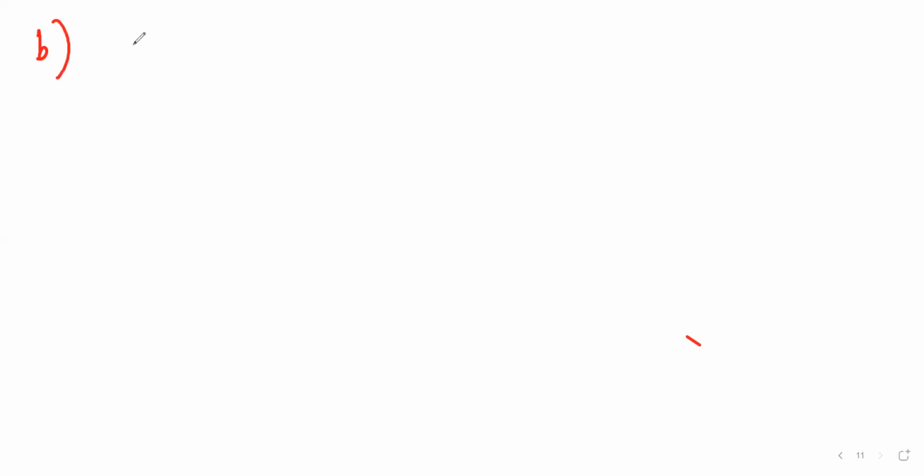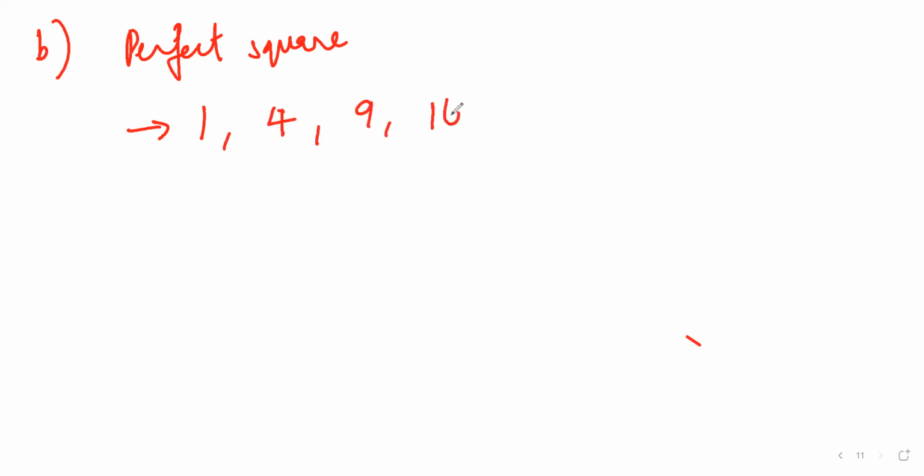Next is a perfect square. So if you go with a perfect square, let's list out the perfect squares. See, many often people don't think of one. One is a perfect square, then 1 square is 1, 2 square is 4, 3 square is 9, 4 square is 16, and 5 square is 25. So again, you have 1, 2, 3, 4, 5.